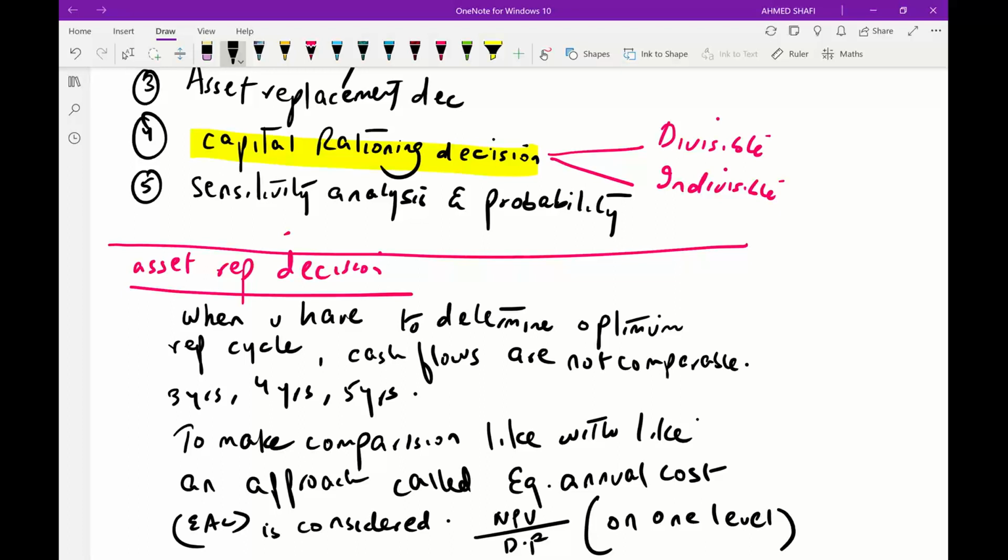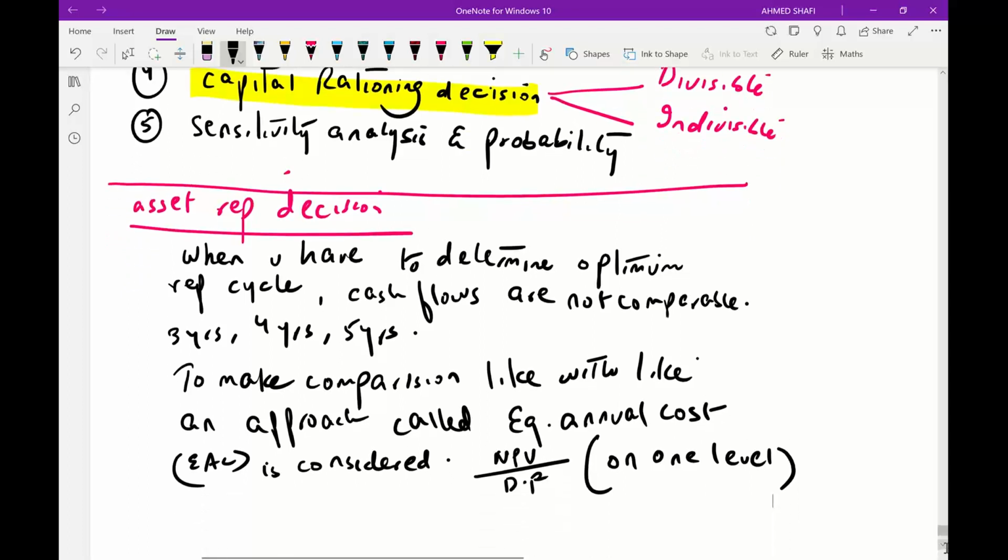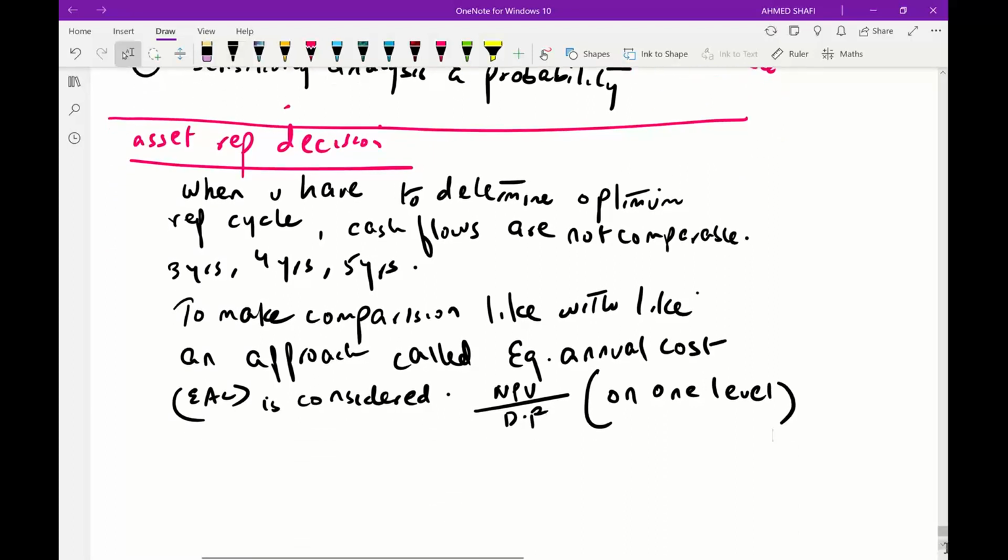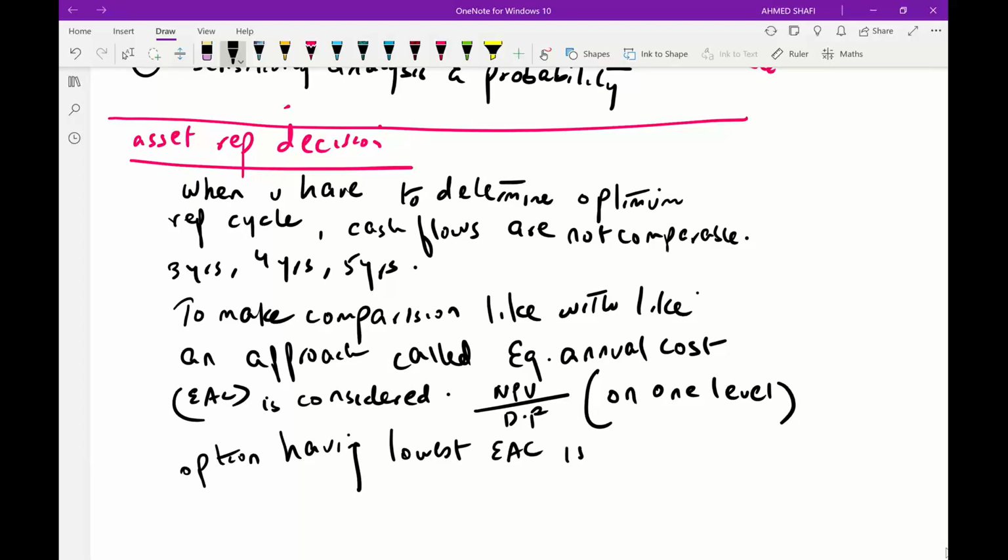So to make comparison like with like, we use an approach called equivalent annual cost, NPV over discount factor, and the option having the lowest EAC is opted.